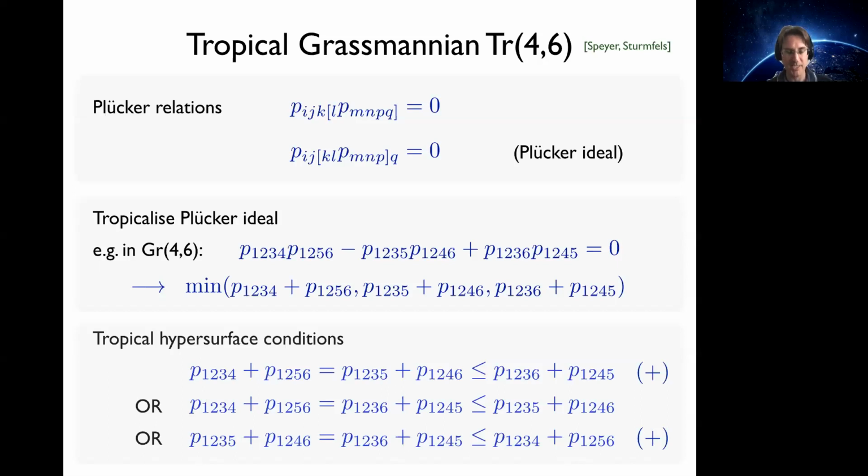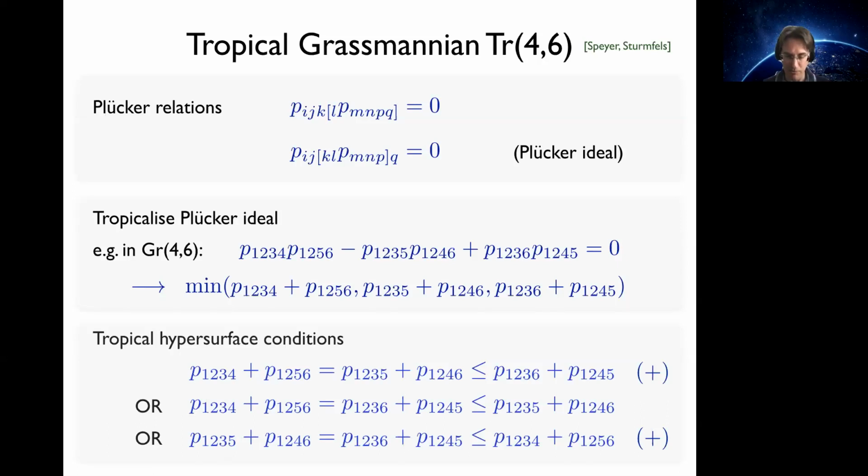And this makes sense if we're talking about variables that have a well-defined sign in themselves. So if we're in the positive region, where all these ordered Plückers are positive, then we can make sense of picking terms with opposite signs. And if we do that, then we see that the first is allowed and the third is allowed, but the second is not. So we will just take the positive tropical hypersurface conditions.